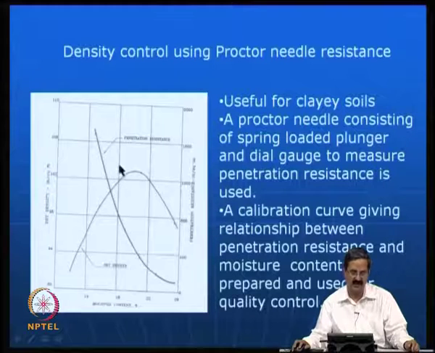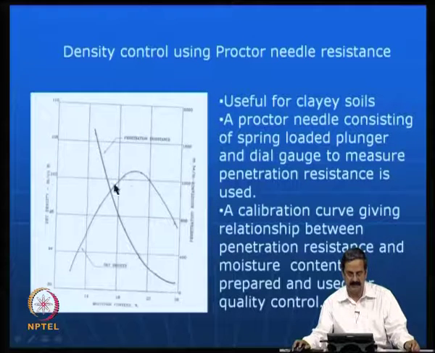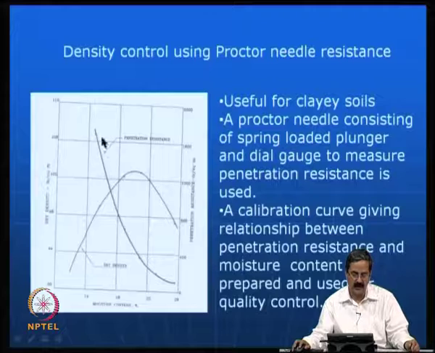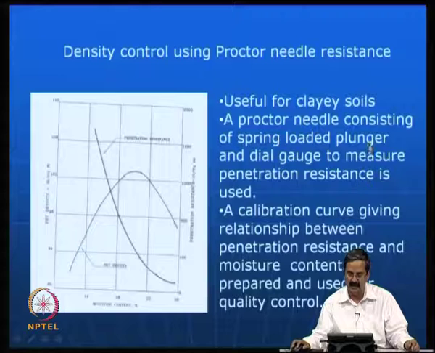So, that is an advantage here, that just by knowing penetration resistance, which is what you get from the Proctor Needle. Suppose the penetration resistance is about 800 pounds per square inch.